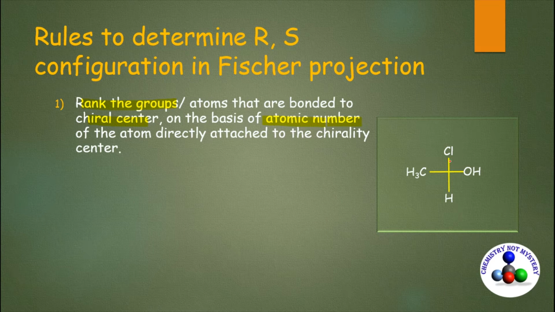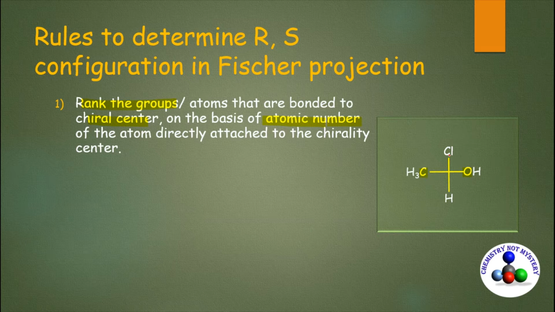Here, first you have to identify the atom that is directly bonded to the chiral center. In methyl, carbon is directly bonded to the chiral center. In OH, oxygen is directly bonded to the chiral center. Now, we can rank the atoms on the basis of their atomic numbers.